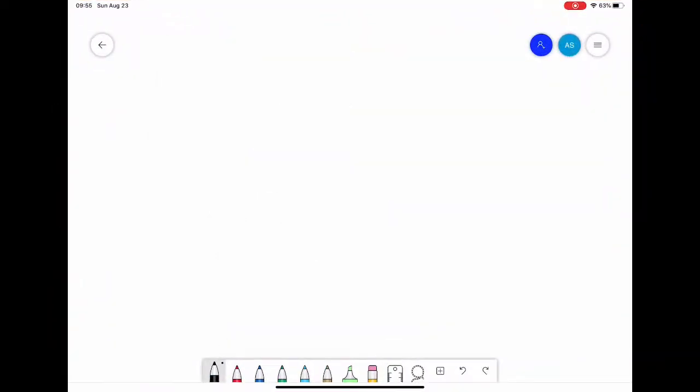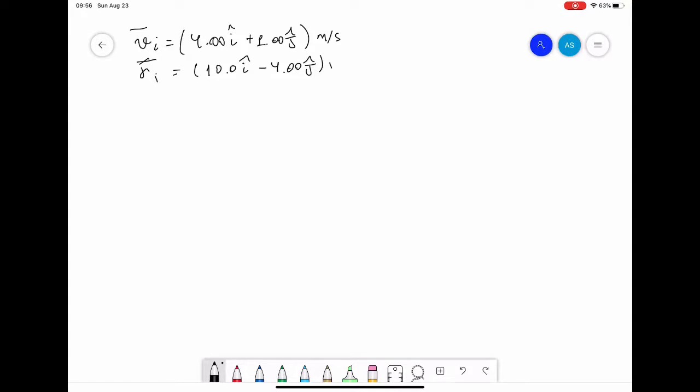So first of all, we have to write down the values that are given. Our initial velocity vector is 4i plus 1j, and the unit is meters per second. Then we have the initial position, which is 10i minus 4j in meters.